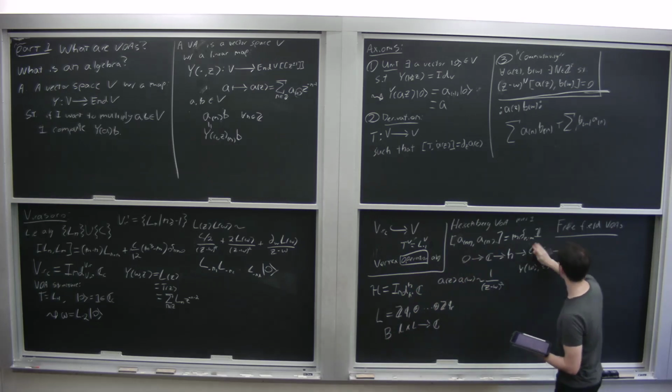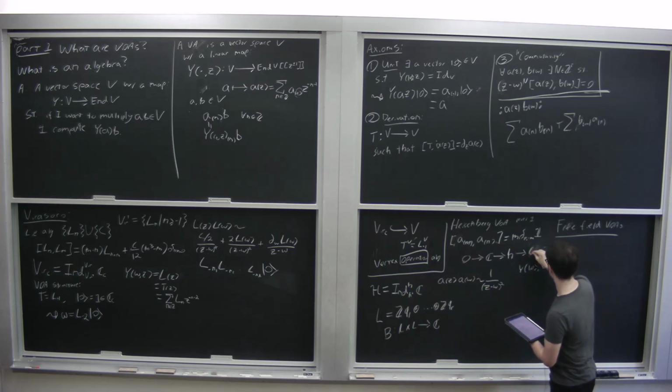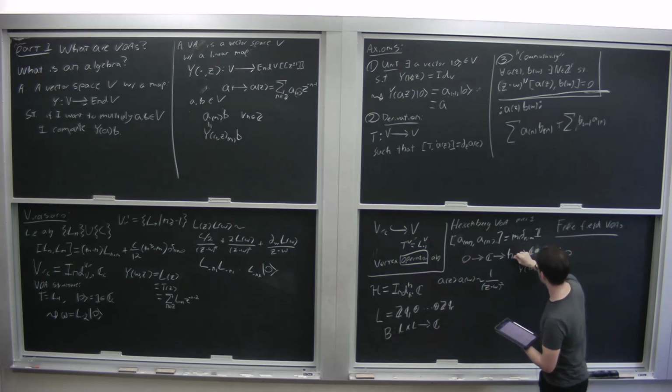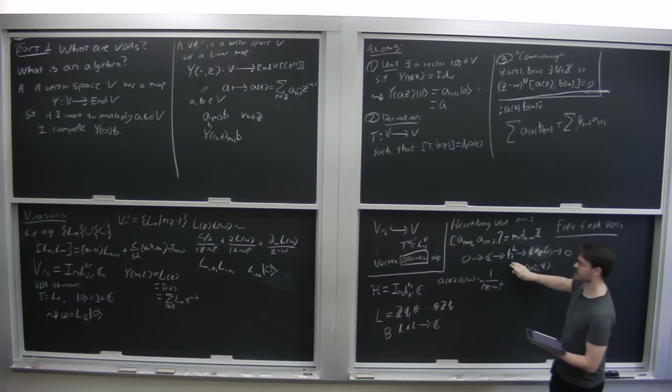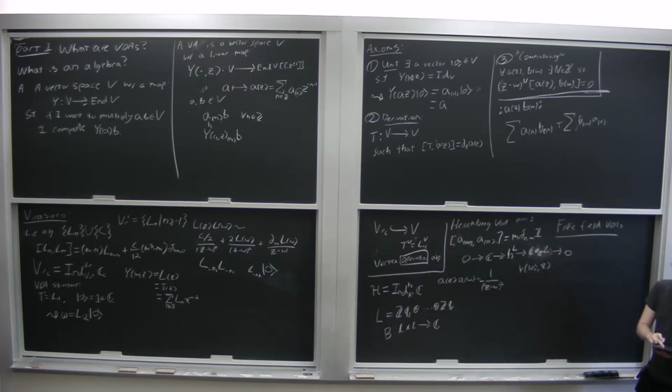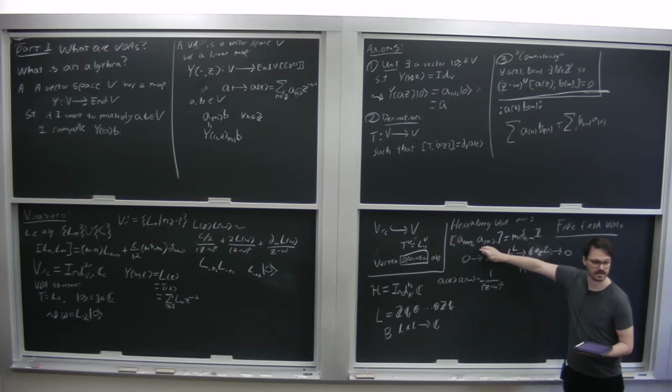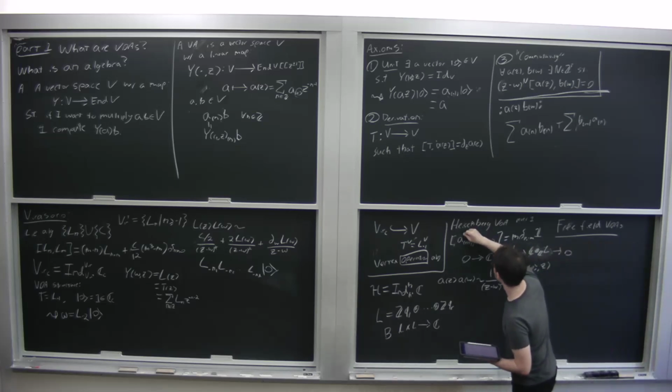I can replace this part here with this, and then I now get a Heisenberg algebra associated to our lattice, which I might call H_L. And this is essentially just going to be a bunch of copies of these guys, so I can introduce some new index here.